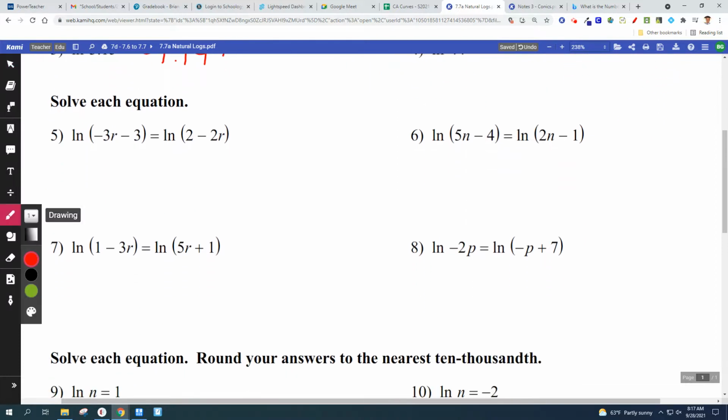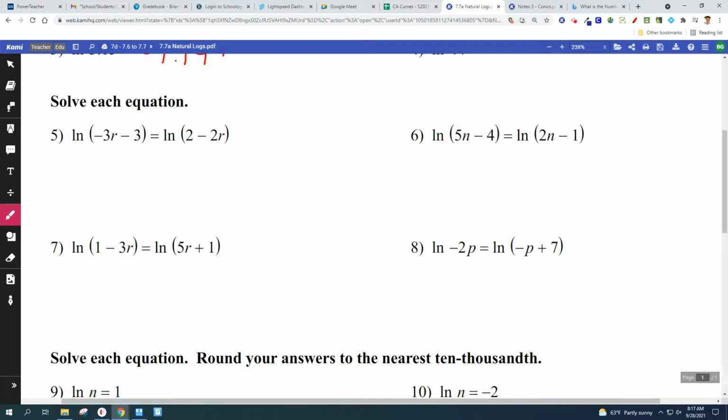When you get to number 5, we're solving, and this should remind you of a problem that we've done before. We want to try to isolate the variable, but we've got to get rid of the logs first. And so normally what we did is we took whatever the base was, we took that base on both sides.